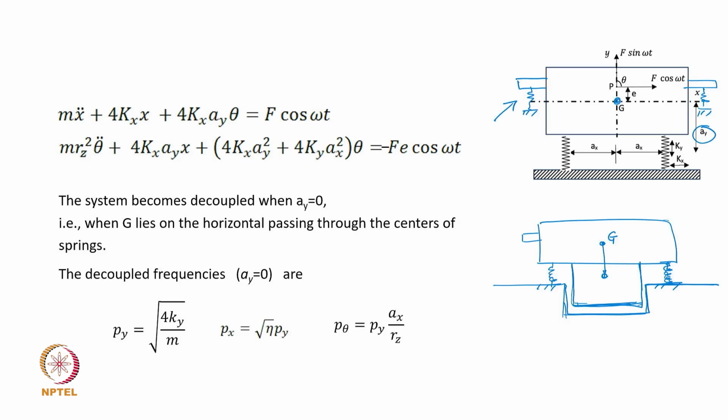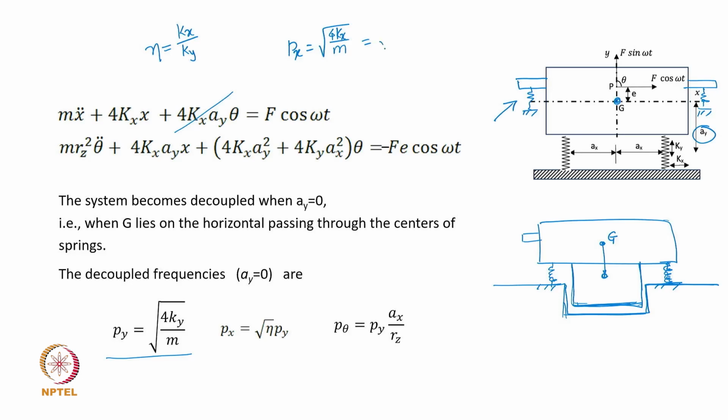Of course, if the decoupling is there, this was anyway originally decoupled, but then when you decouple it by setting ay equal to 0, you basically get the frequency px to be what? Square root of 4kx upon m, isn't it? And what is kx? We have defined a stiffness ratio eta to be what? Kx upon ky, didn't we? This was defined as the stiffness ratio.